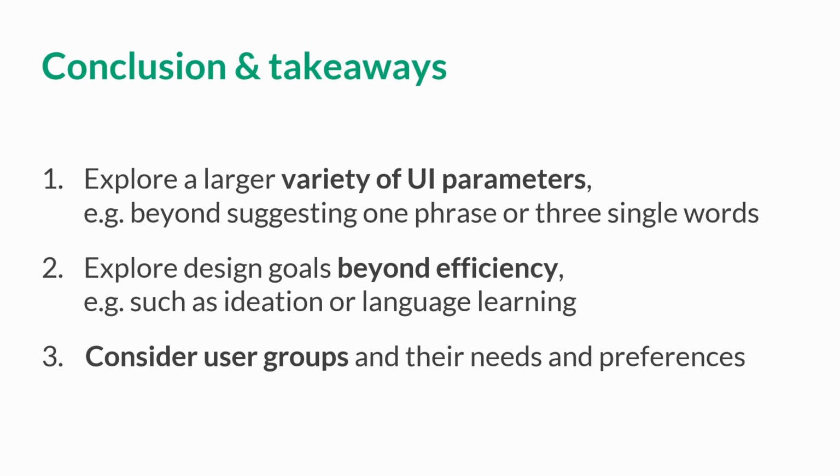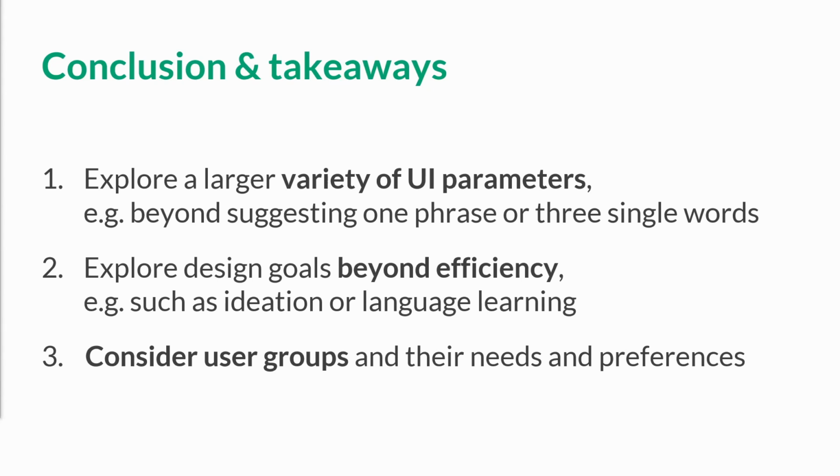So use suggestions not just to save keystrokes or time, but for example to also support ideation or language learning. And third and finally, we may consider specific user groups and their needs and preferences in this context more explicitly, as motivated in this particular case for user groups with different language proficiencies.